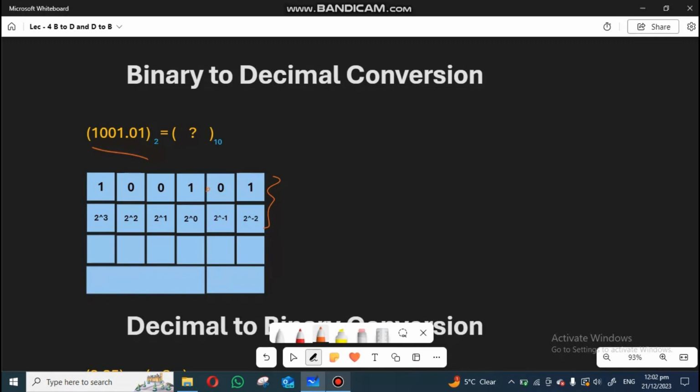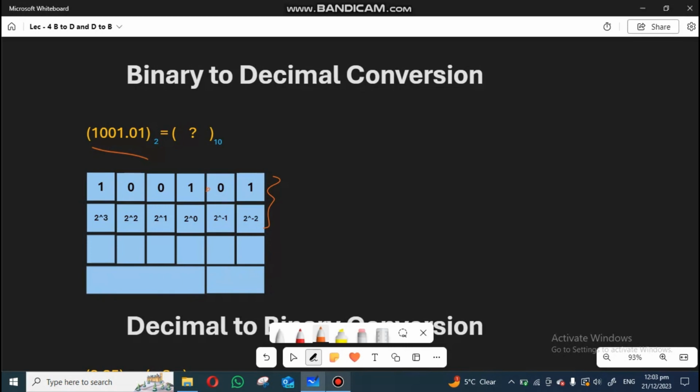So I'm going to arrange my bits like this, and from the least significant bit I'm going to write 2 power 0, and then while going towards the left side I'll increment the exponent: 2 power 1, 2 power 2, 2 power 3, and if I've got more bits I'll increment these powers just like that.